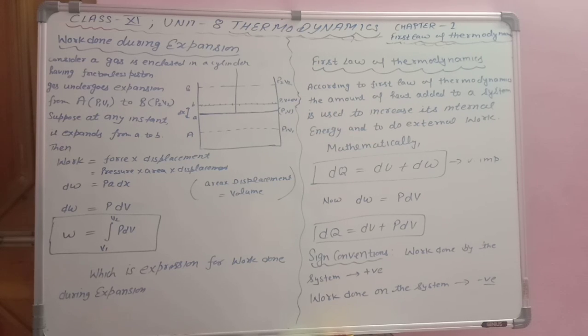You need to write that according to the first law of thermodynamics, the amount of heat added to the system is used in increasing its internal energy and doing external work. If you write only the mathematical form, dQ is equal to dU plus dW, you will get only half marks. You need to write the definition as well as the mathematical explanation.